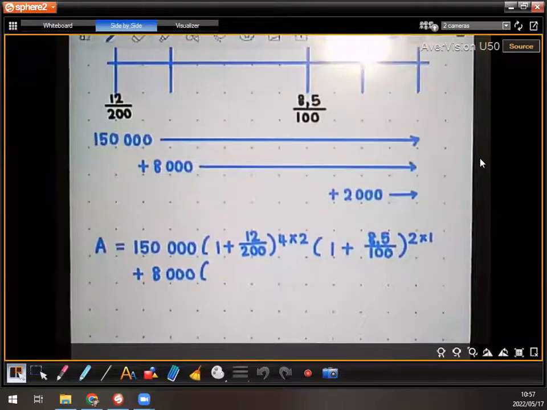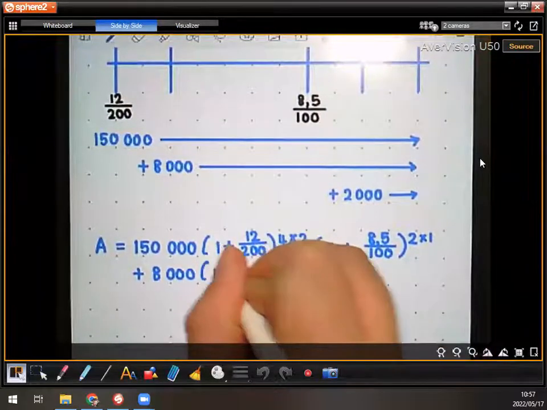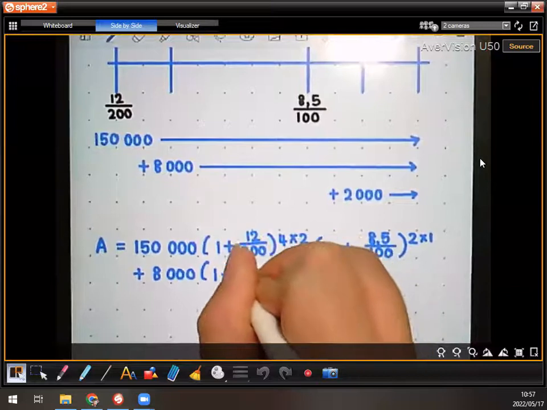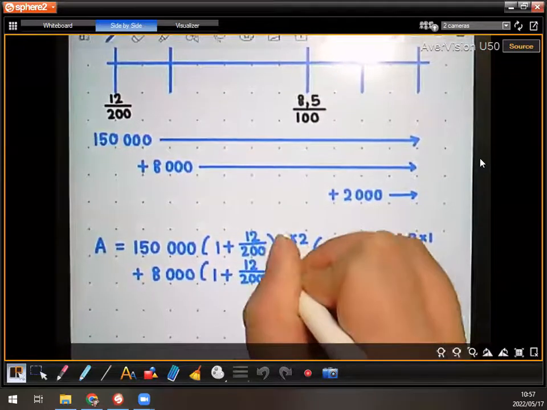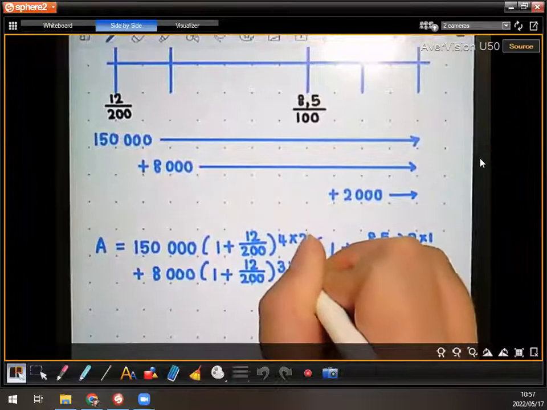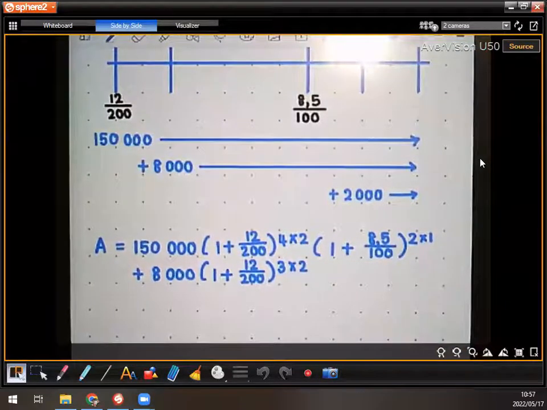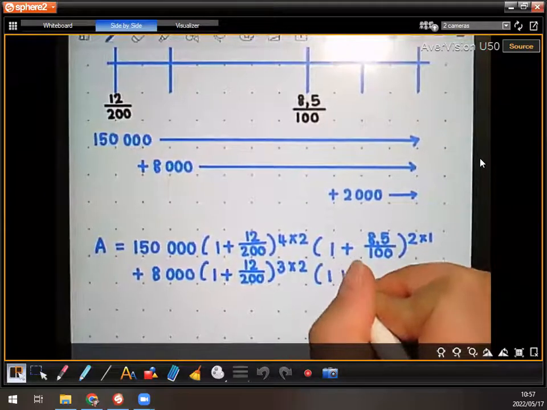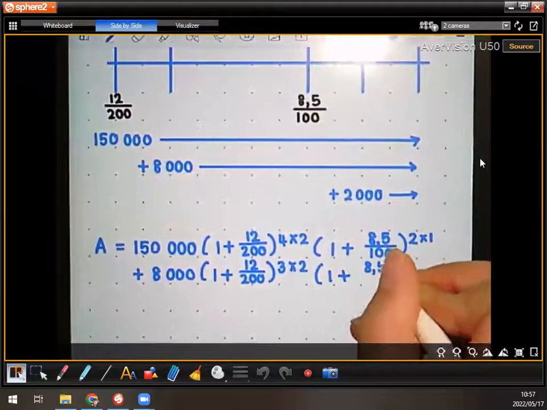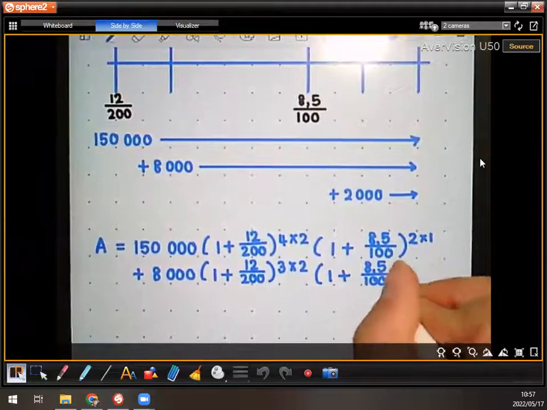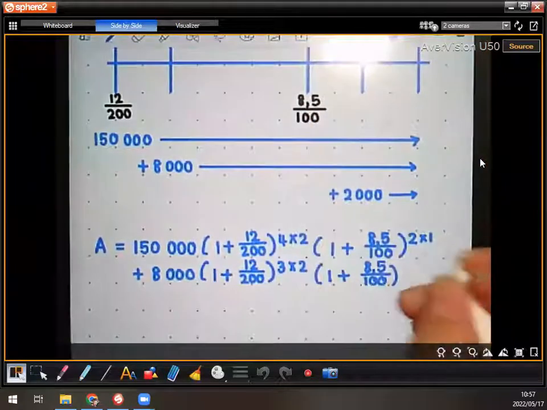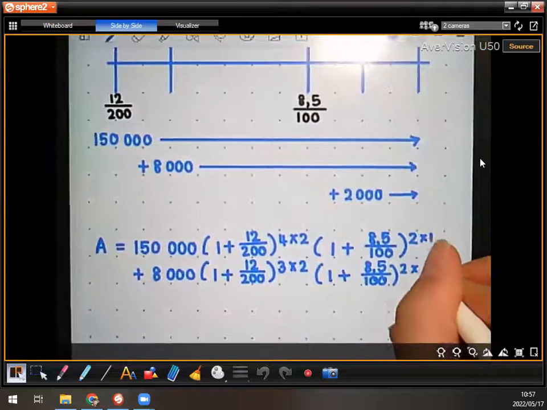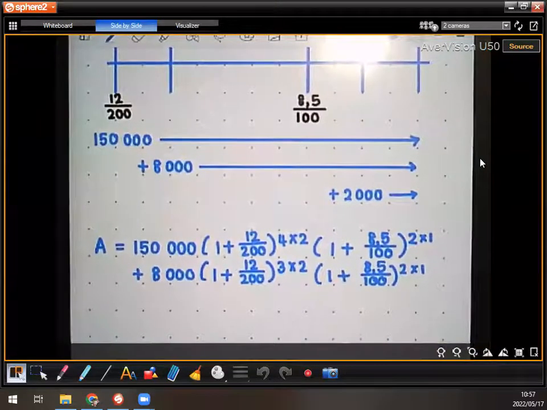So our first interest bracket, 1 plus 12 over 200, is now going to be 3 years times twice a year, 3 times 2. Then the second interest bracket, 1 plus 8.5 over 100. That again was from T4 to T6. So again, just 2 years and 1 year.